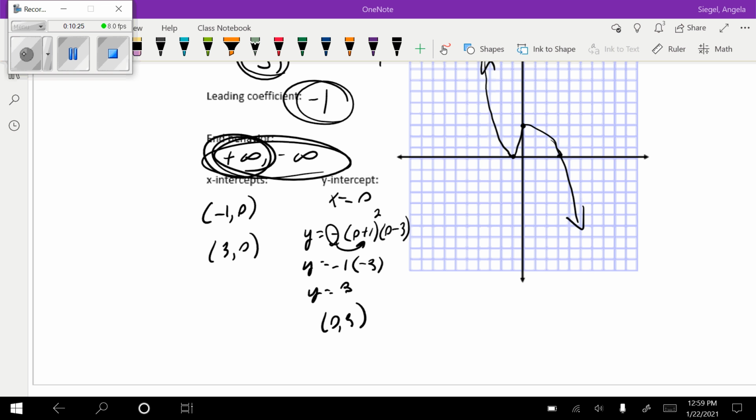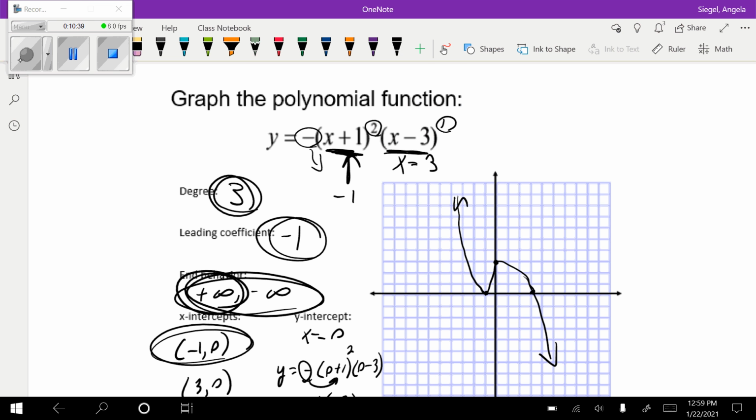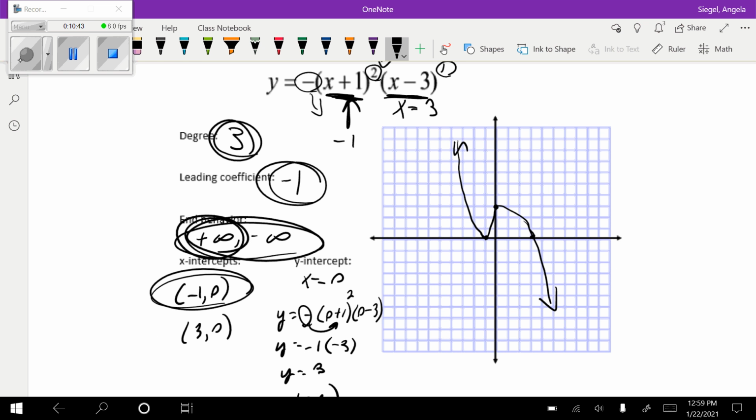So this isn't perfect, but it gives us an idea of what is happening at certain points. So this is totally great. One other thing I want to point out is that because this is part of a squared, that tells me that it's a bounce. So it bounced off at -1, so that's what's giving it that.